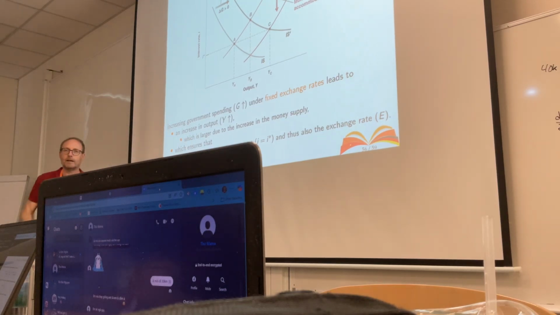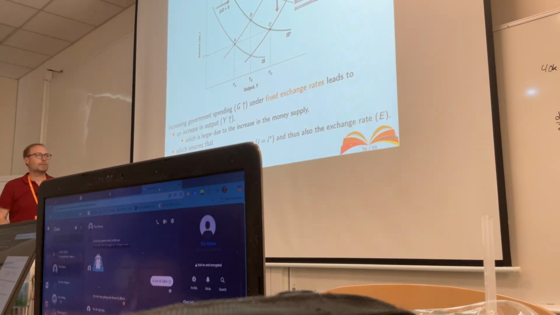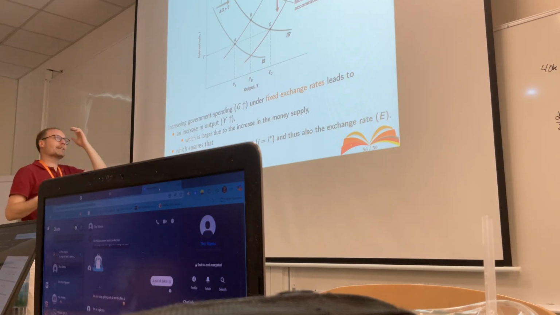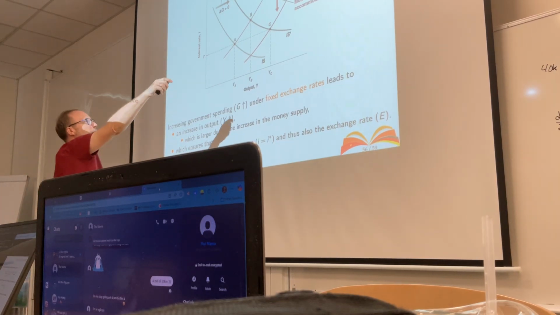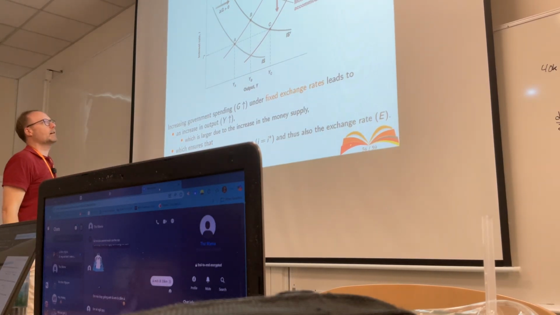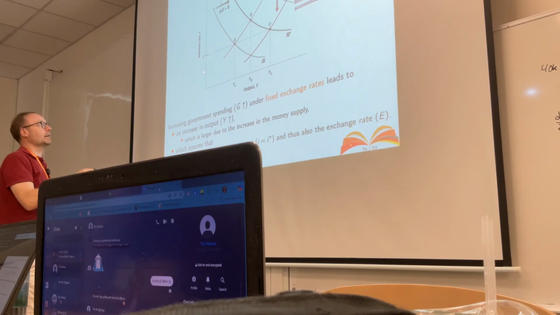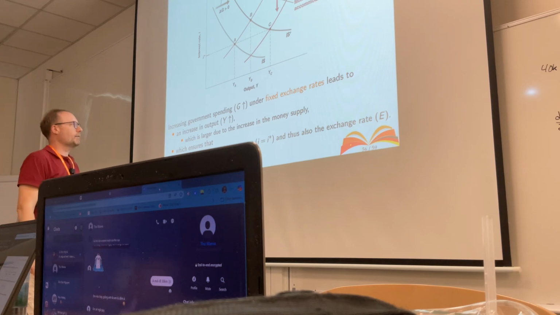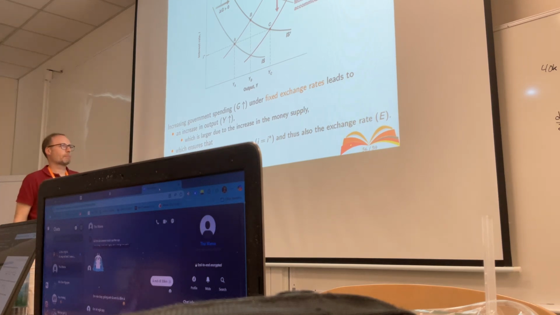The multiplier has its entire effect here because we have this automatic joint response by monetary policy, maintaining a constant interest rate in the face of this increase in demand through government fiscal expansion.